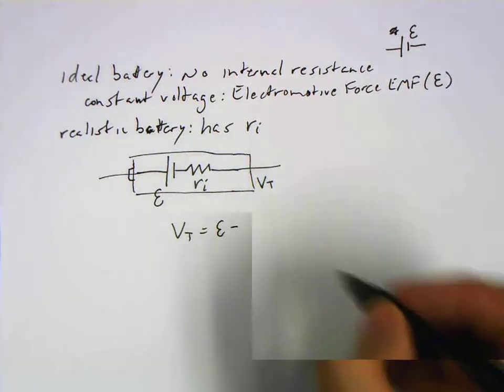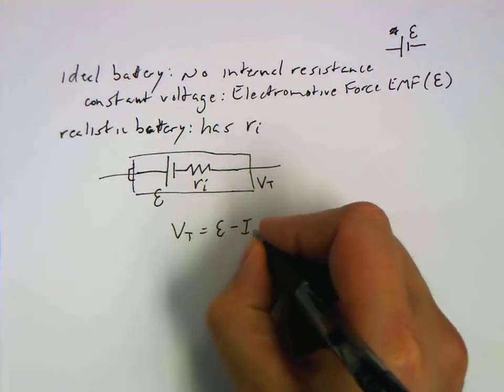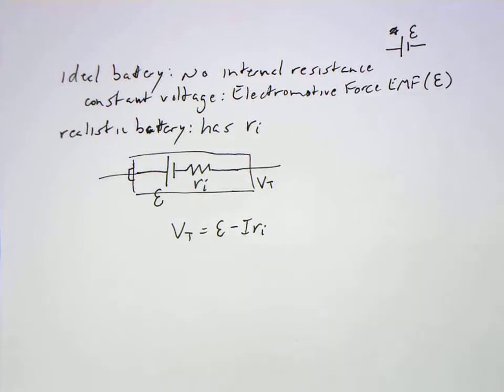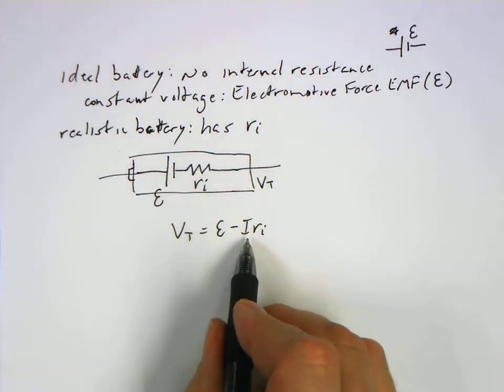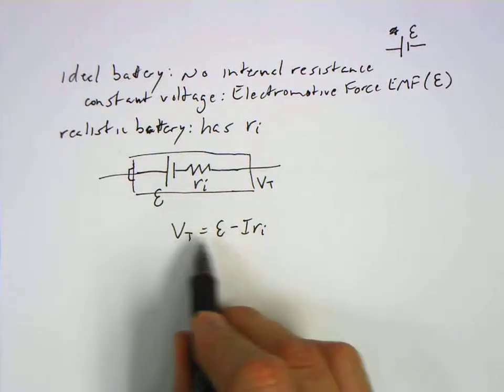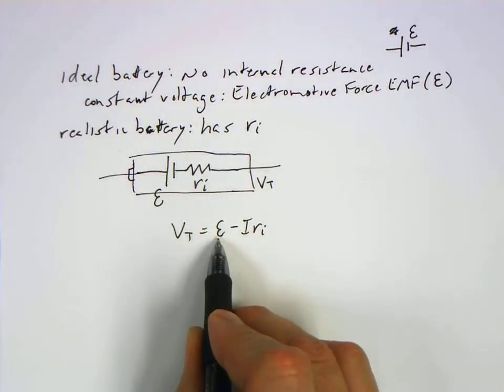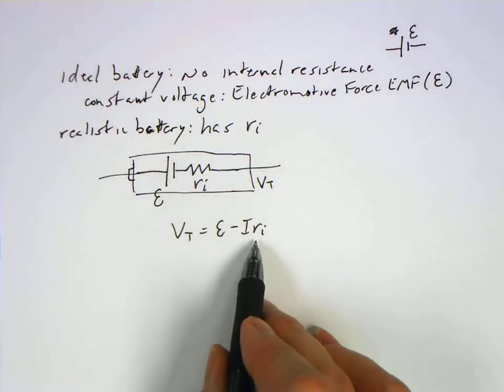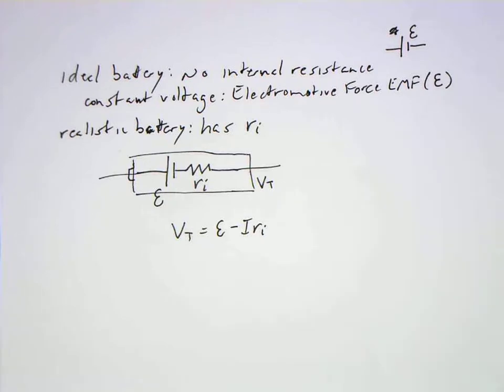We've always got Ohm's law, so it's going to be I times R sub I, the current times the resistance. Okay? So if there is no current running, then your terminal voltage is your EMF. Okay? So if you actually want to know what your EMF is, you just measure the battery without anything going through. Right? And then when you measure it later on, when it's running through, plus you can measure what the current is, you can figure out what our internal resistance is.